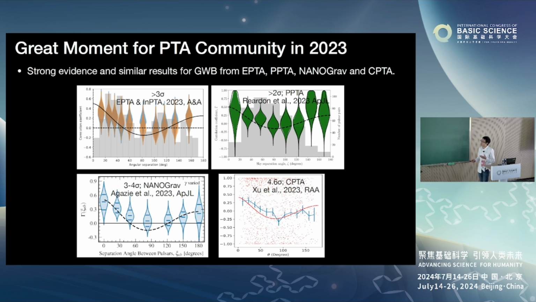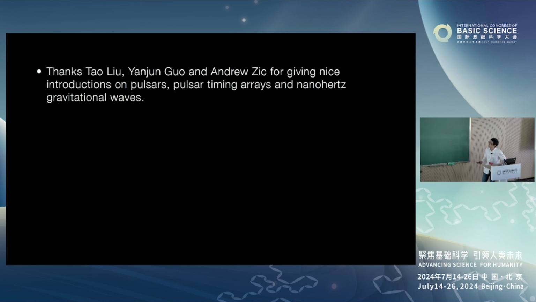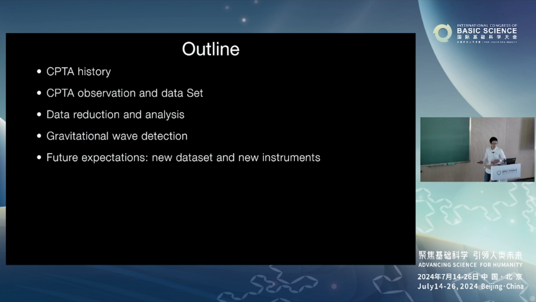This is very strong evidence for the Hellings-Downs correlation curve, which is expected from the nanohertz gravitational wave background. I also want to thank Professor Liu Tao, Yan Junguo, and Andrew Zic for giving very nice introductions on the background of pulsar science, pulsar timing arrays, and nanohertz gravitational waves. So I can focus on the CPTA itself.